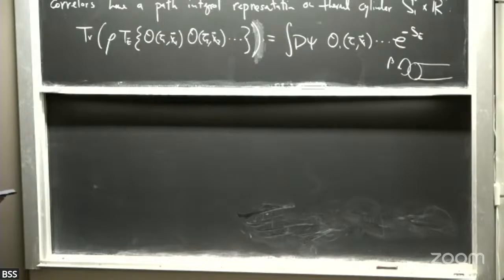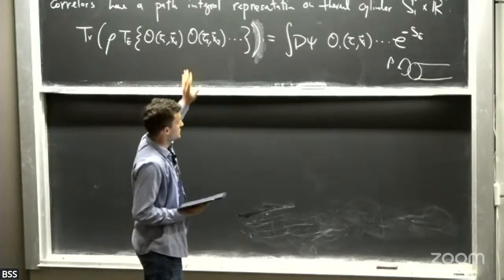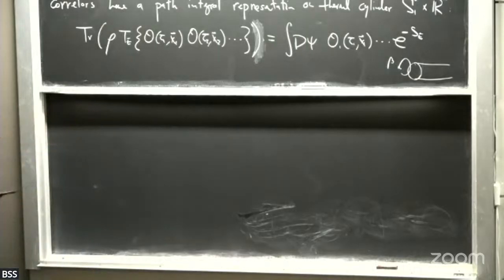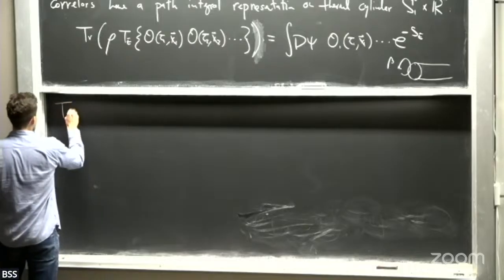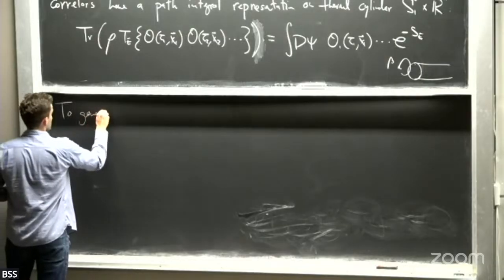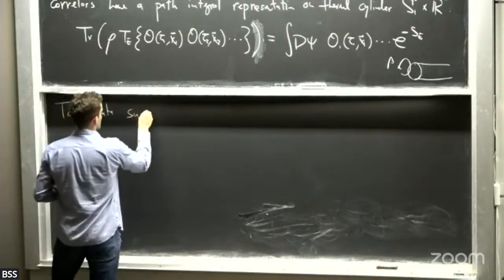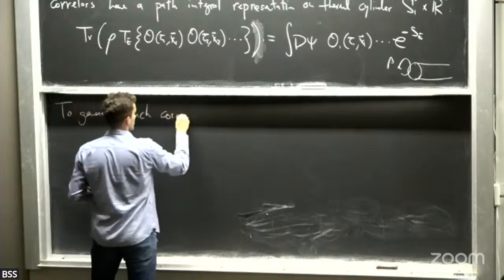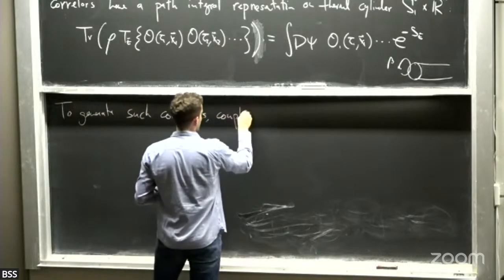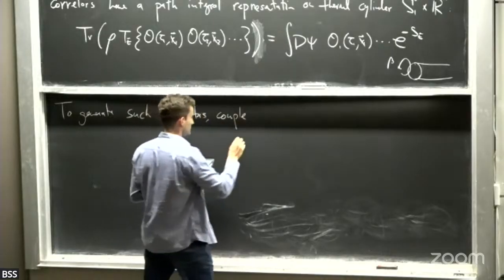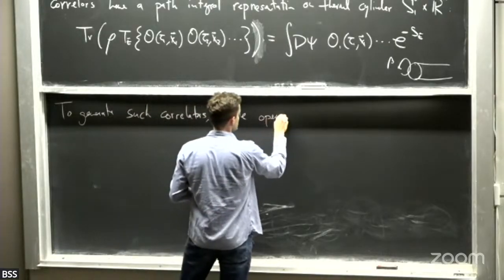So to generate correlators like this, we're going to couple our system to sources and build in this way a generating functional. To generate such correlators, we're going to couple operators of interest to sources.